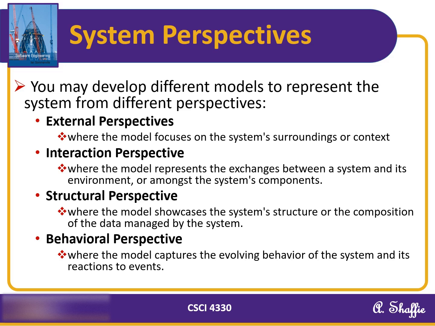Each perspective sheds light on different aspects of the system, ensuring a thorough understanding and more effective development. Different models help clarify how the system interacts with external elements, understand communication within and outside the system, visualize the structure and data organization, and illustrate system response to events.